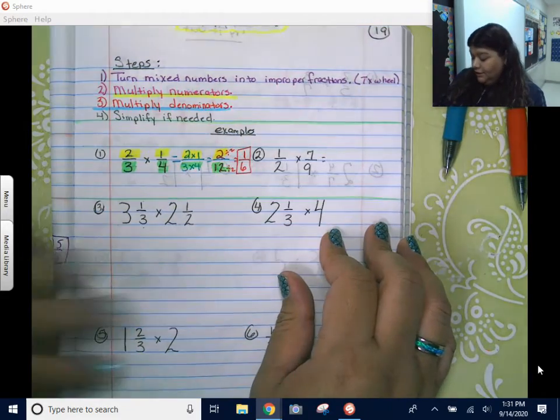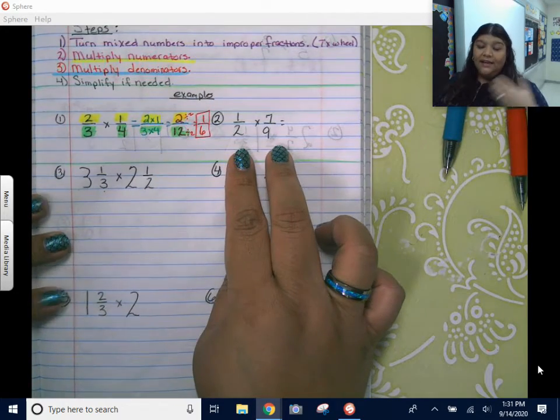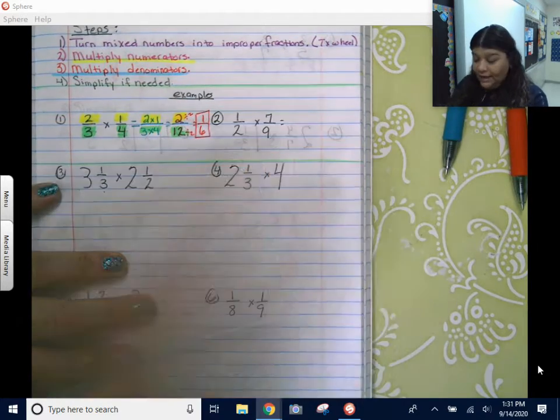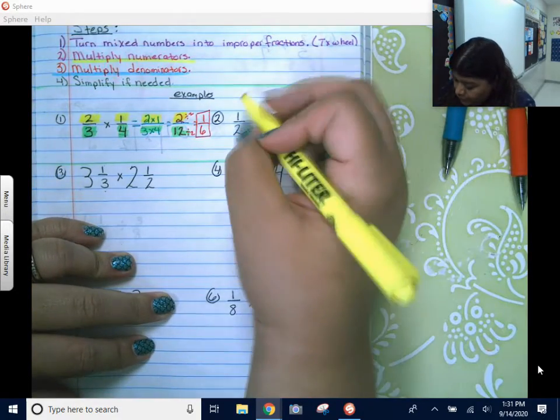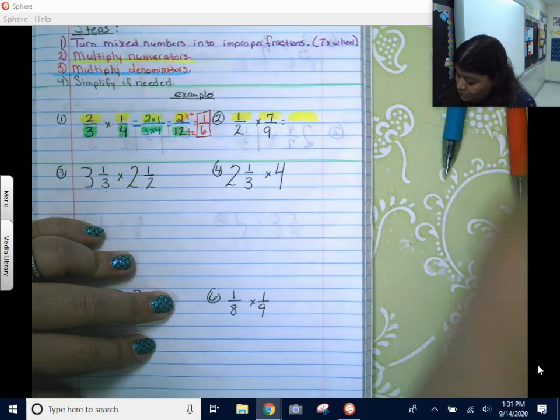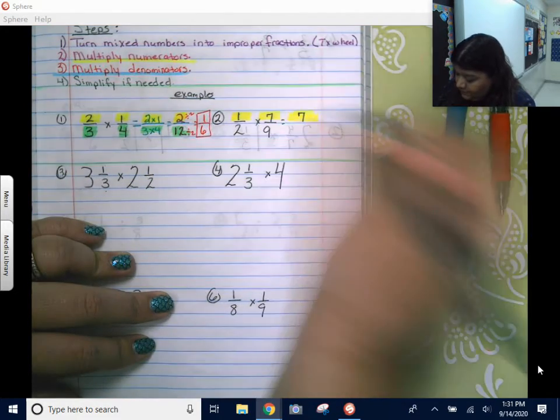Okay, good. So let's try this one. Again, lucky for us, they're two proper fractions. I don't need to look at the denominator. They're perfectly fine if they're different, okay? And so we're going to follow the steps of multiplication. Numerator times numerator, okay? So 1 times 7, 7.